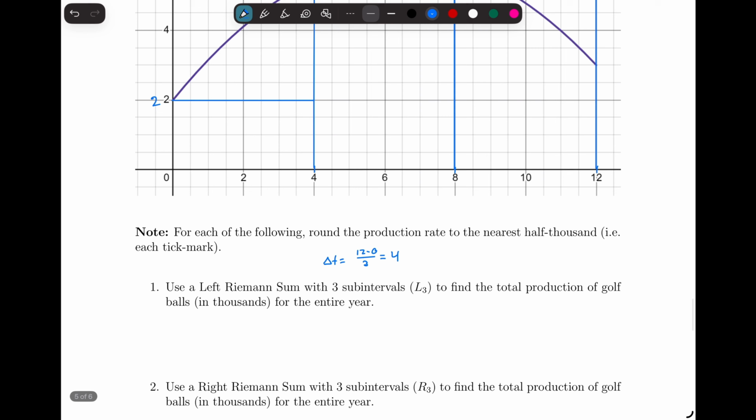Okay, left Riemann sum. We know that our interval width is 4. And now we just add up our heights. So 2 plus 5.5 plus 6. In a sense, I'm coming out to 54. 54,000 golf balls produced throughout the year.